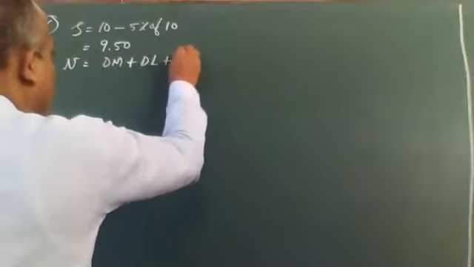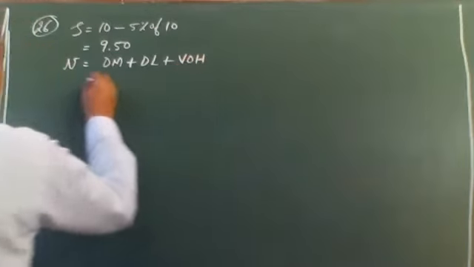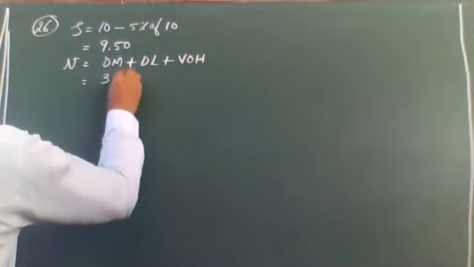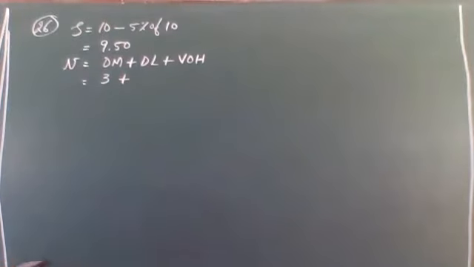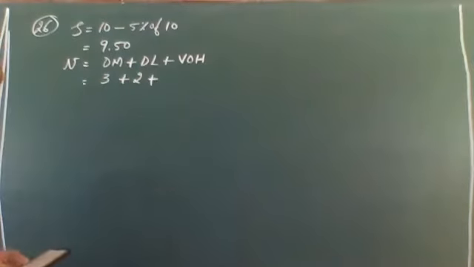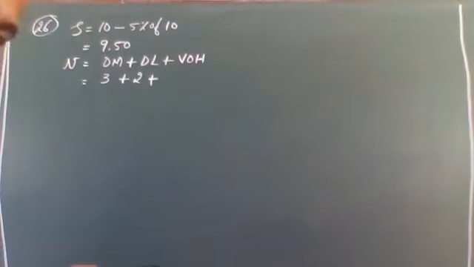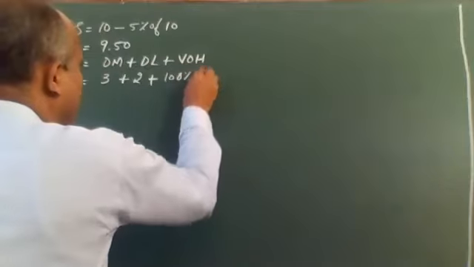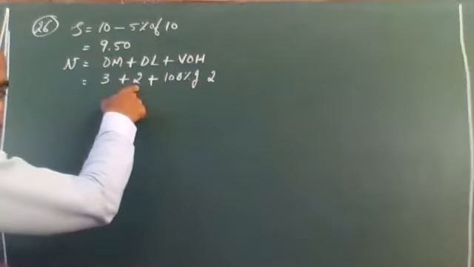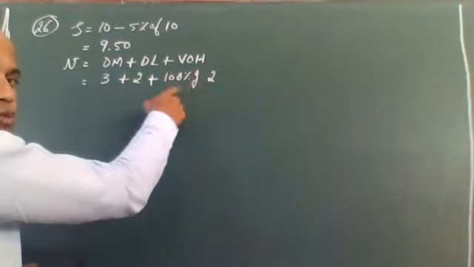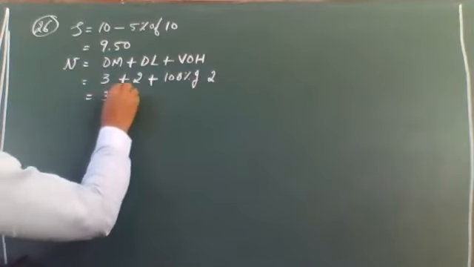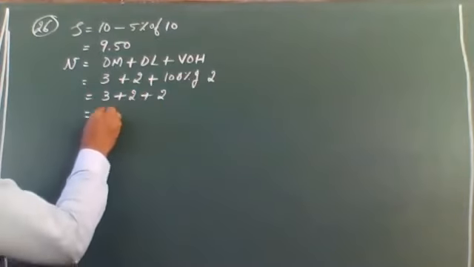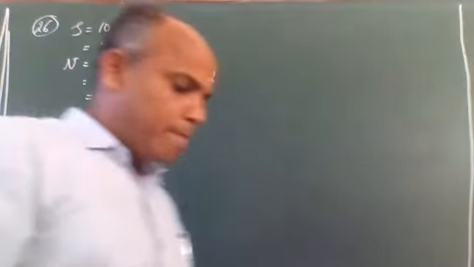So direct material is 3 rupees per unit, direct labor is 2 rupees per unit, and variable overheads equal 100% of direct labor, so 100% of 2 rupees is again 2 rupees. So it is 3 plus 2 plus 2.